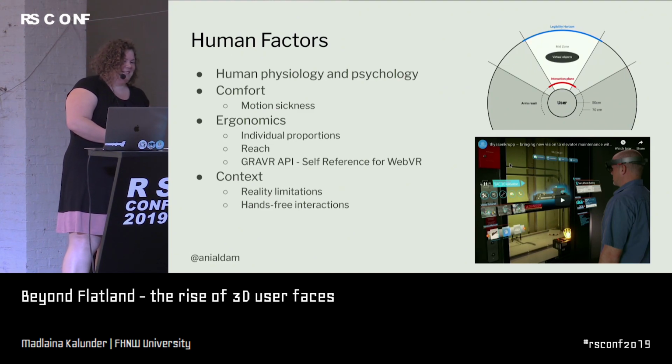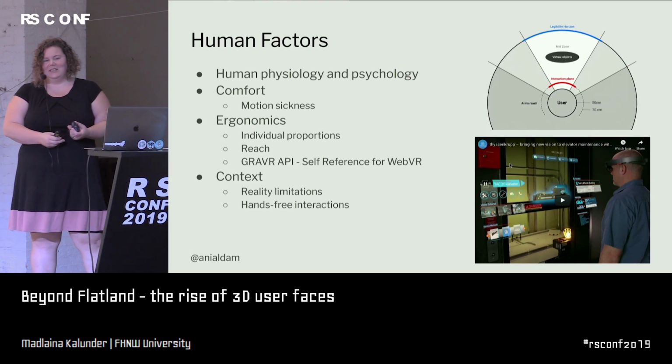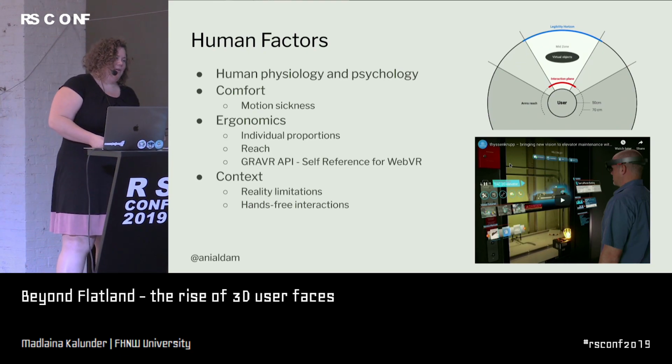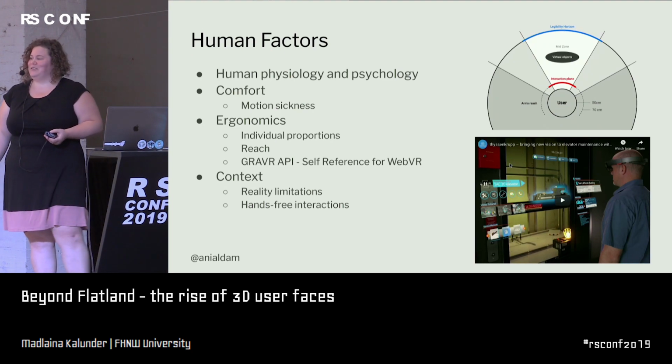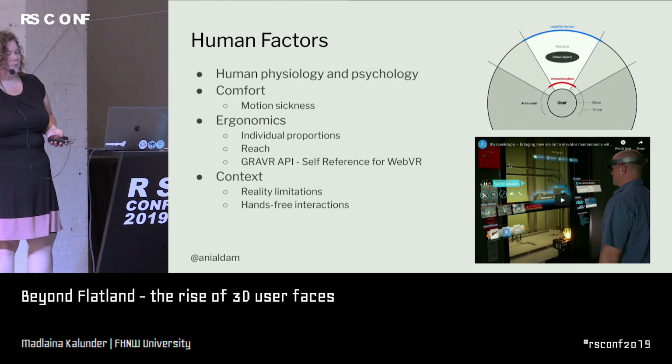So motion sickness in VR is the first thing that a lot of people experience. There's a lot of performance optimizations you can do to make your people less sick, because you don't want them to be sick. But also consider individual proportions.